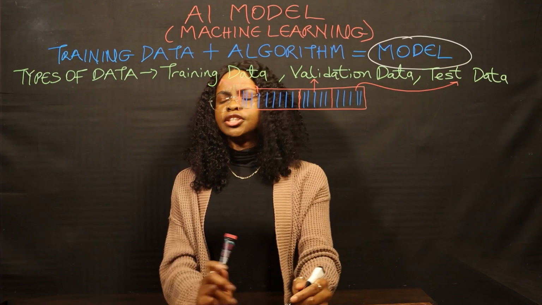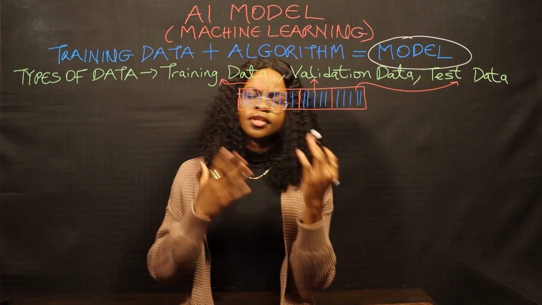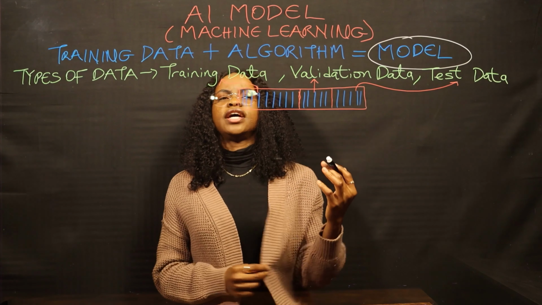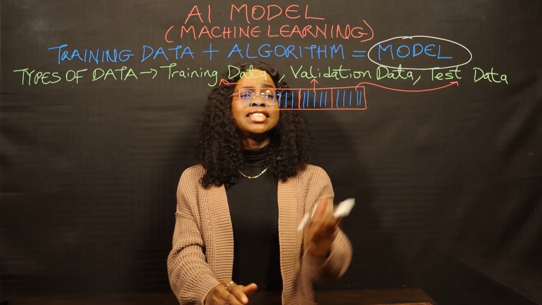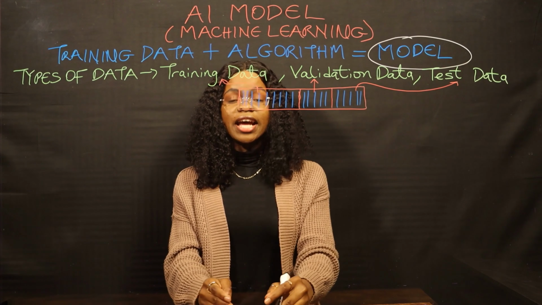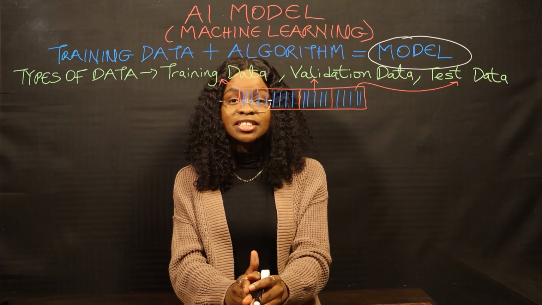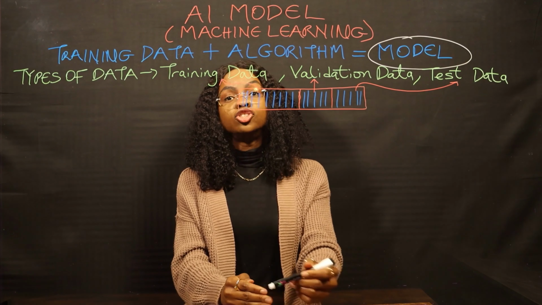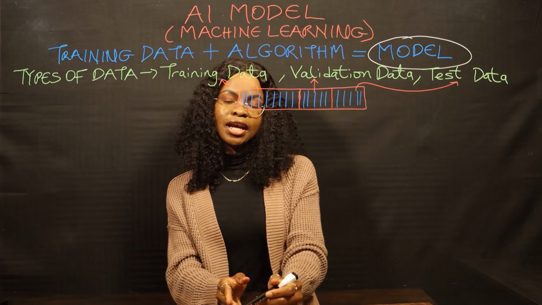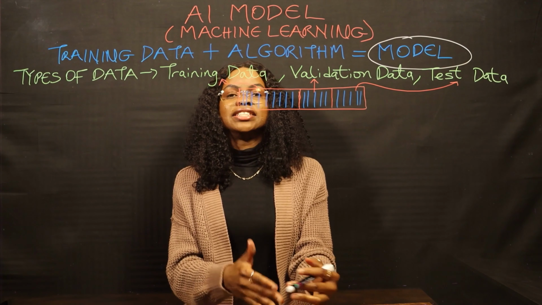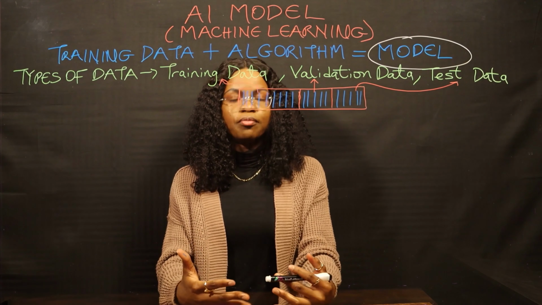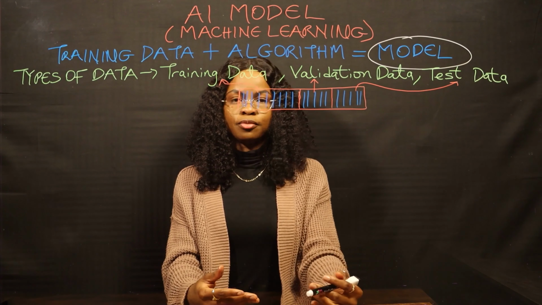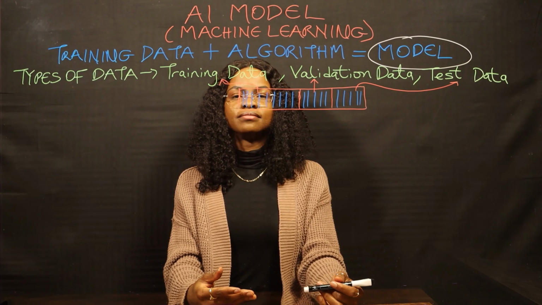Now, what is validation data? It's almost intuitive, as the name is validation. Validation data is the collection of data that is used to assess the model's performance during the training process and, where necessary, to fine-tune the model. Fine-tuning the model means adjusting the parameters and the hyperparameters where necessary.